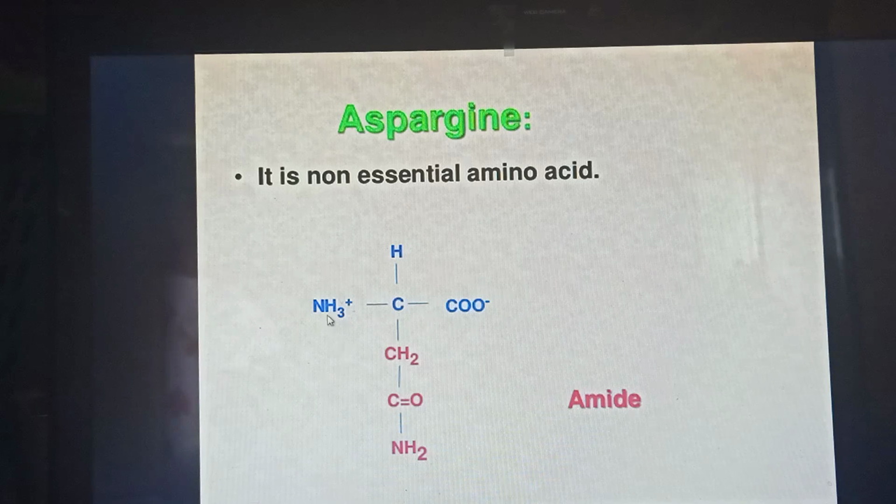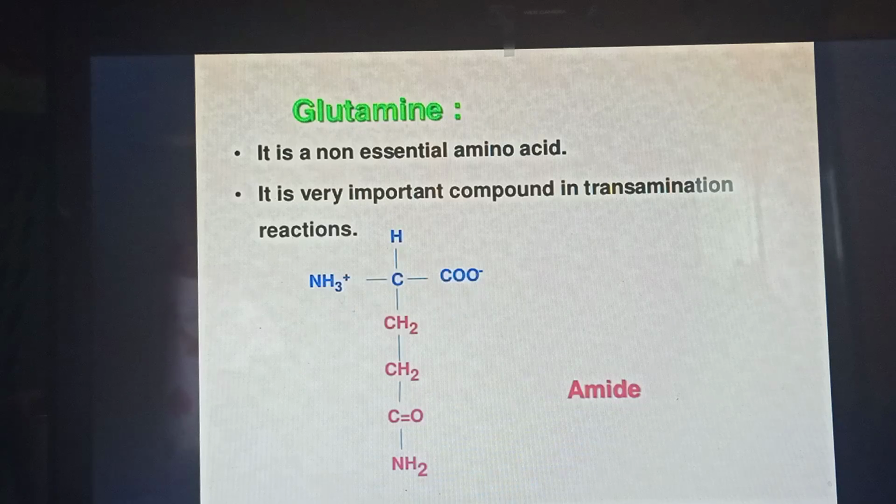Alanine with C double bond O NH2 gives asparagine. Now, glutamine has the same structure, but one more CH2 is added. You call it glutamine.